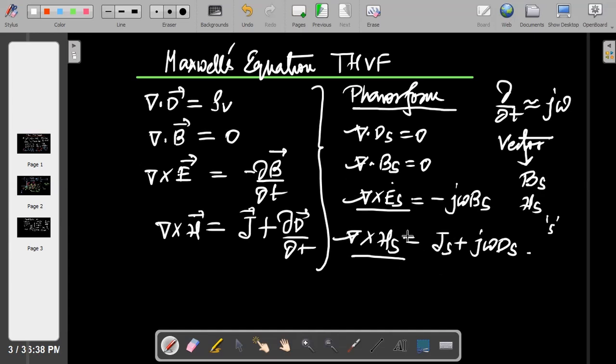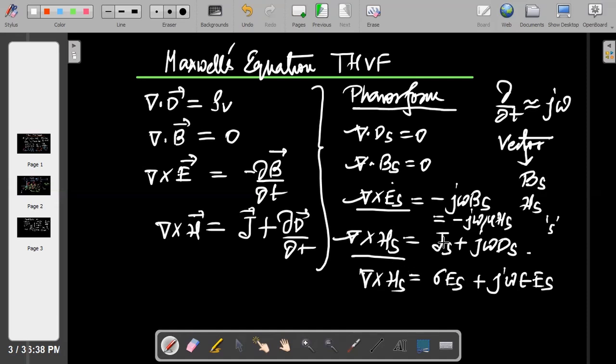So we have to form one generalized equation. So instead of BS, we will write minus j omega mu into HS. Here JS is there. What can we write? Sigma into ES plus j omega epsilon into ES. This is cross of HS.